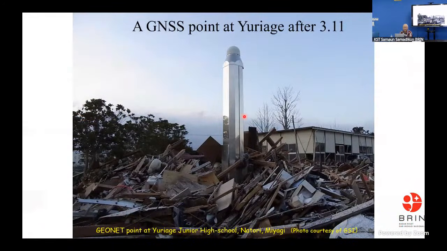And there are many papers about that. And this is a GNSS point near the coast. It is surrounded by the debris carried by the tsunami. And now this station doesn't exist because it was badly damaged by the tsunami and was dismantled.